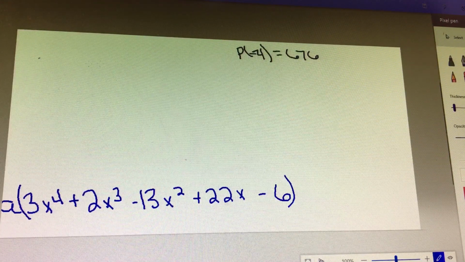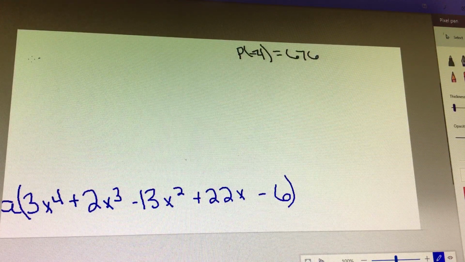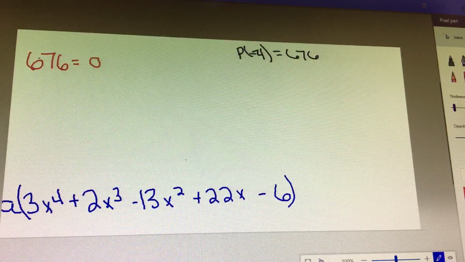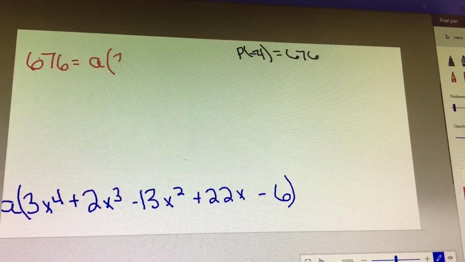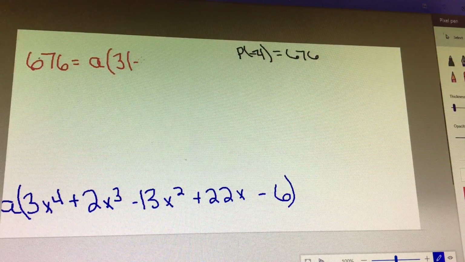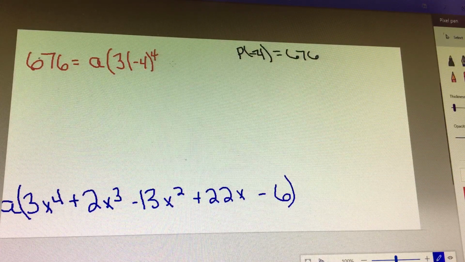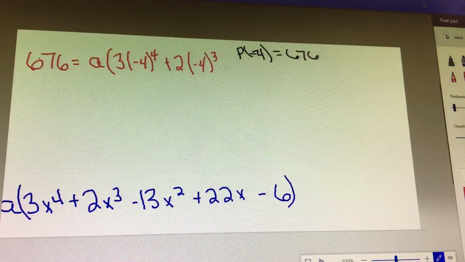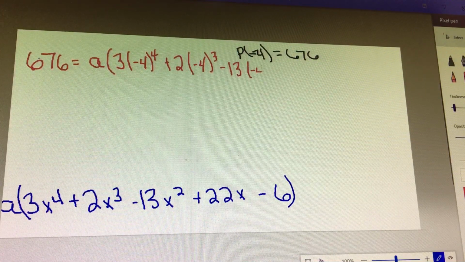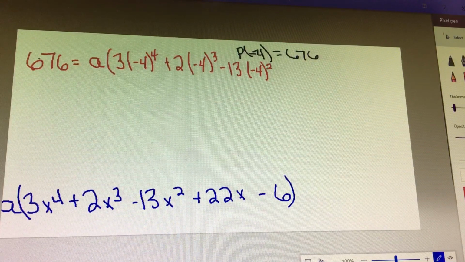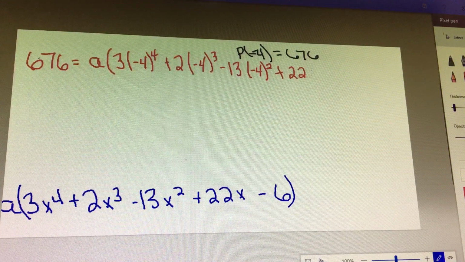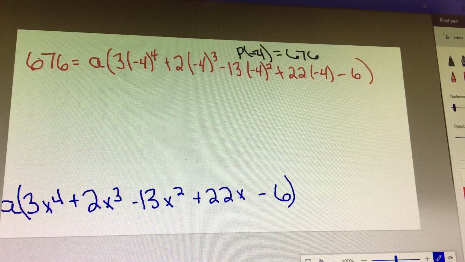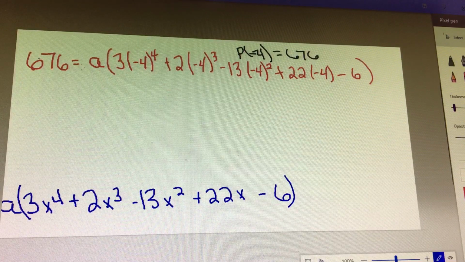If I plug a negative 4 in, my output is 676, and then I have A times 3 times negative 4 to the 4th plus 2 times negative 4 cubed, minus 13 times negative 4 squared, plus 22 times negative 4 minus 6. We're going to do all of that math inside here, and then we're going to solve for A.